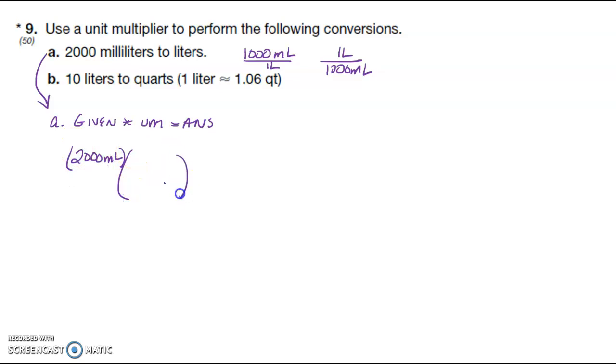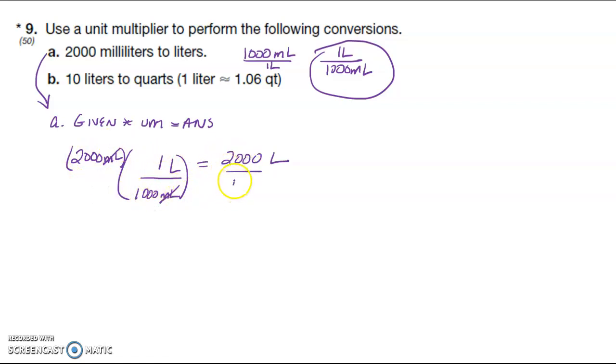Not sure which unit multiplier I'm going to use yet. My answer needs to be in liters, so liters needs to be on top. So I'm going to use this one: 1 liter over 1,000 milliliters. So my milliliters are going to cancel. I get 2,000 times 1 over 1,000. And if I cancel all of this, I'm going to get 2 liters.